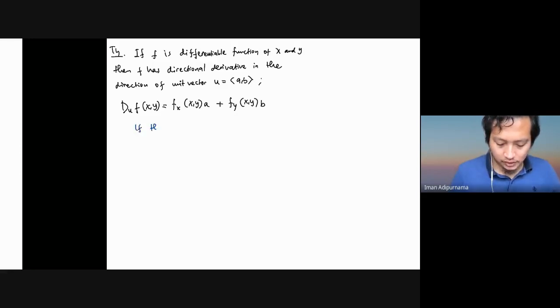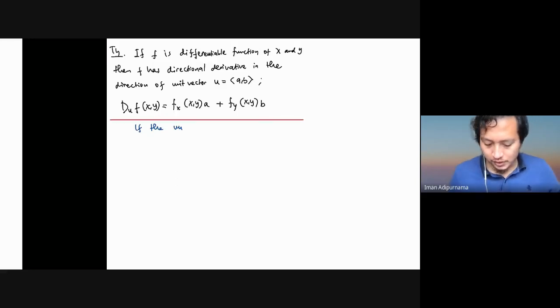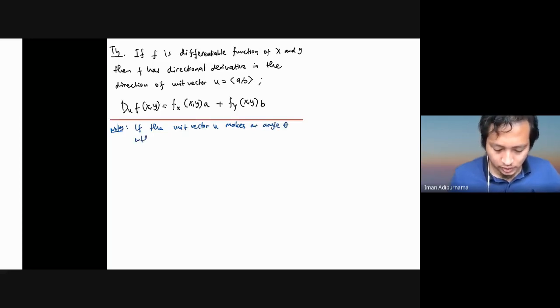If the unit vector, this is the theorem, but let me add some notes. If the unit vector u makes an angle theta with the positive x-axis, then we can write this.